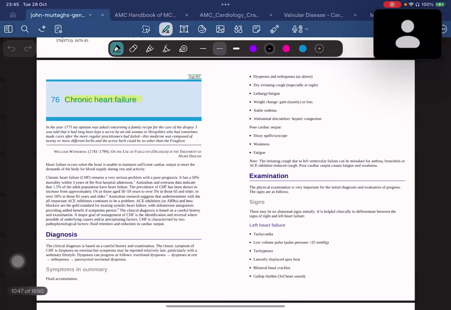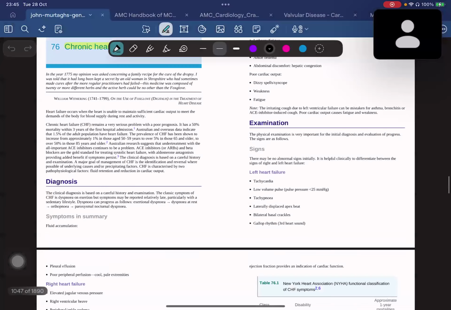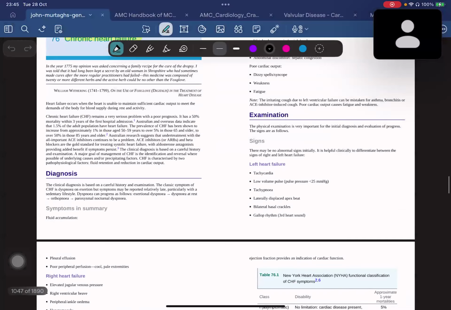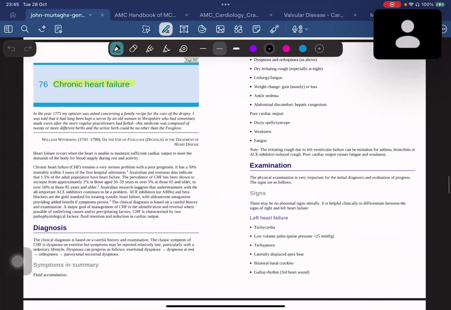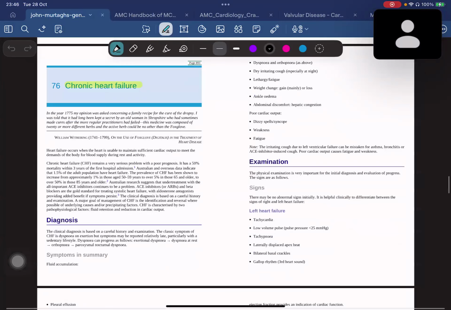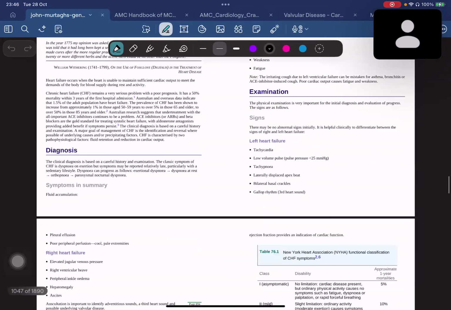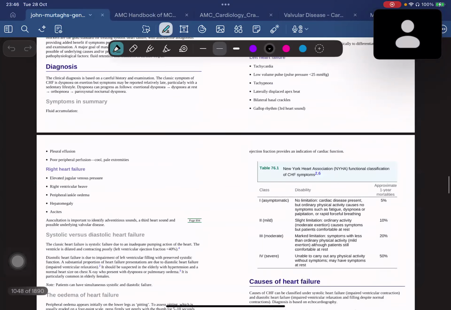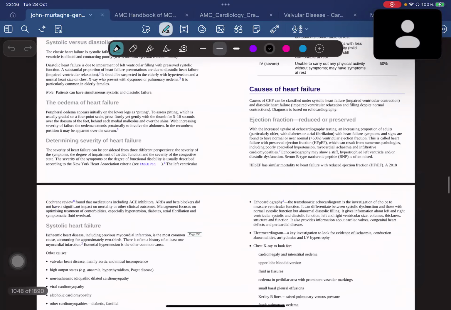So heart failure is again very well explained in John Murtagh. You would find it on PDF page 1047. Just read through all these important things.